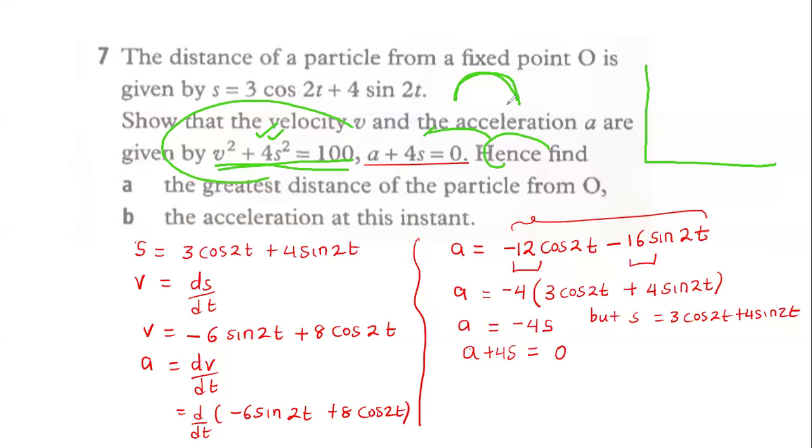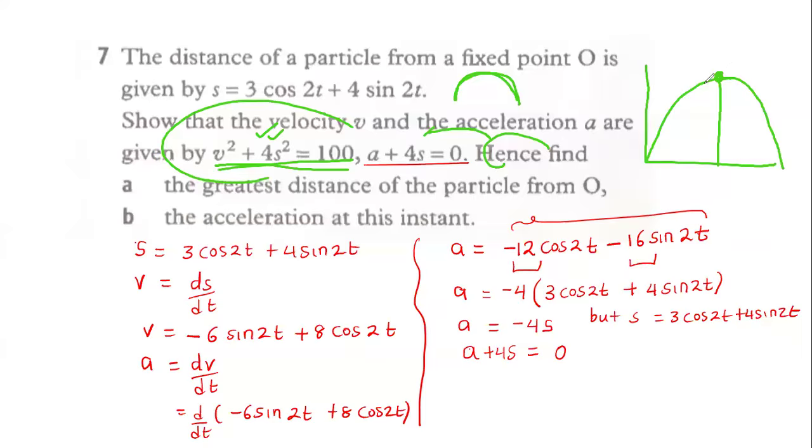Now, when you look at it very well, you are going to ask yourself, when the particle is at its greatest distance, it is like when you kick the ball. When you kick the ball, the greatest distance the ball can reach is this maximum point, and then it comes back down.